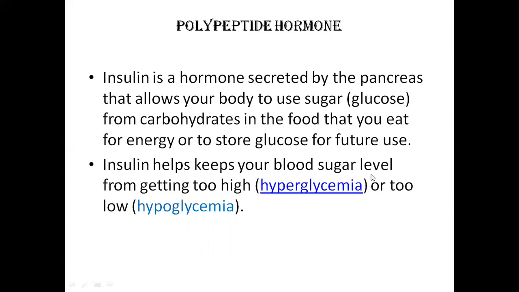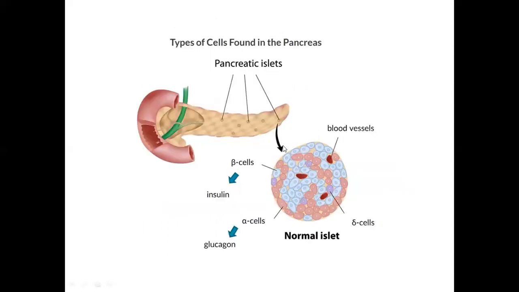We know that the cells in our body do require sugar for energy. After food consumption, when blood sugar level rises, cells in the pancreas, that is your beta cells, secrete insulin. Insulin in turn signals other fatty cells to absorb blood glucose.